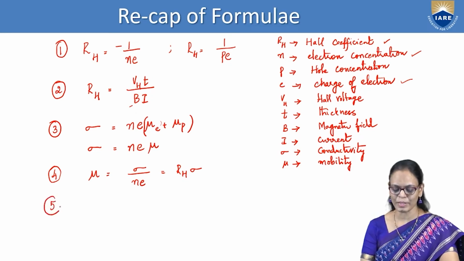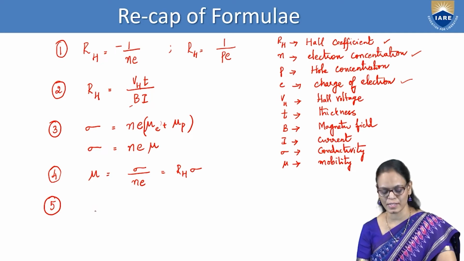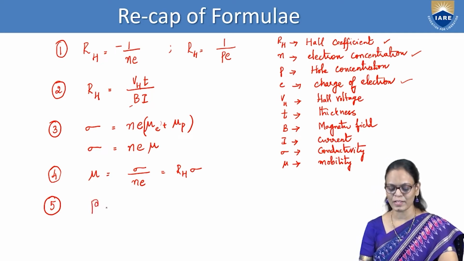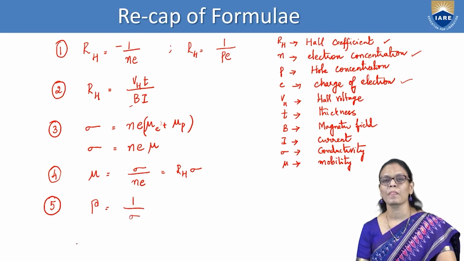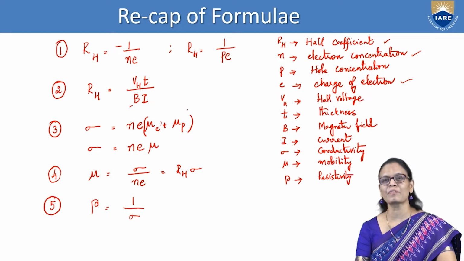And one more formula is, if you know the conductivity, you can find the resistivity. So rho, the resistivity, you can get using 1 by conductivity. All these formulae will be very handy.